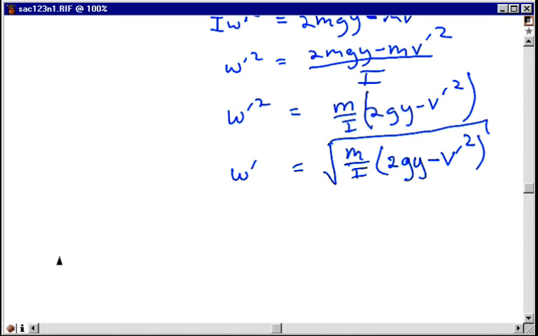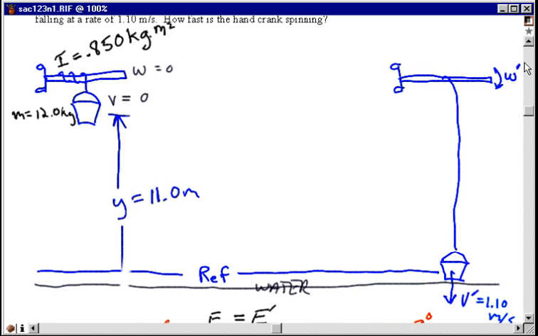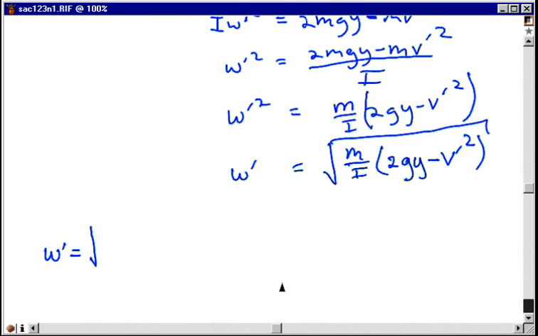So omega prime is equal to the square root of, and I'm going to substitute the values, the mass of the bucket is 12 kilograms, and the moment of inertia, I believe, was 0.850 kilogram meter squared. Yep.